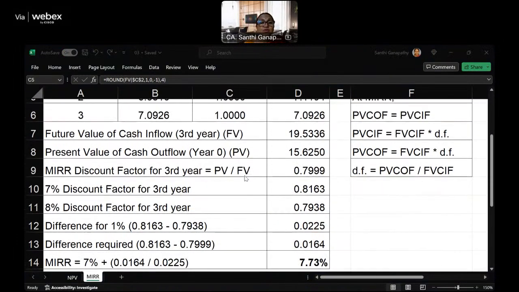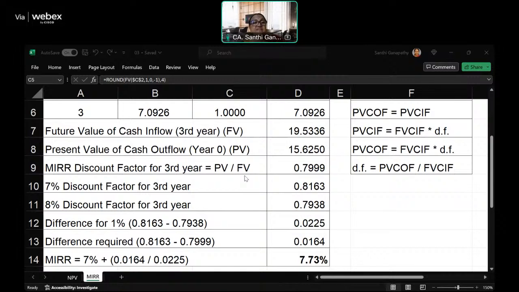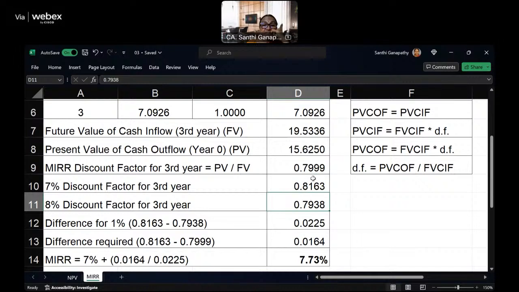So I will find out what is the rate at which I'm having this. I find that the 7% discount factor for the third year is 0.8163. For 8%, it is 0.7938. 0.7999 is in between these two.